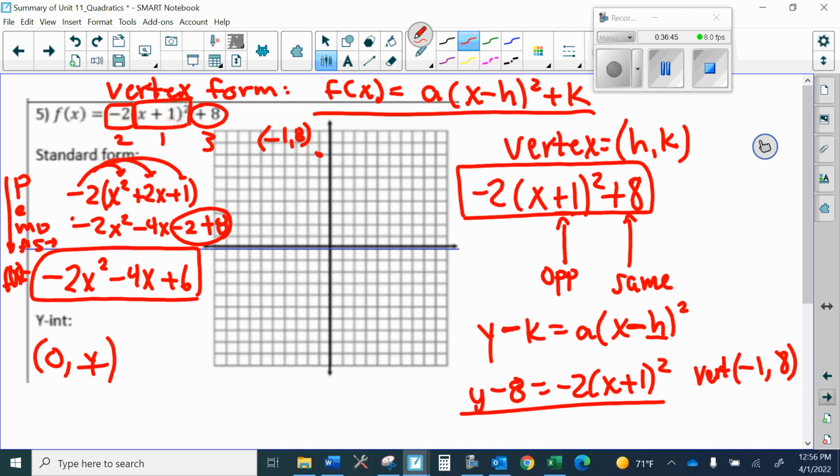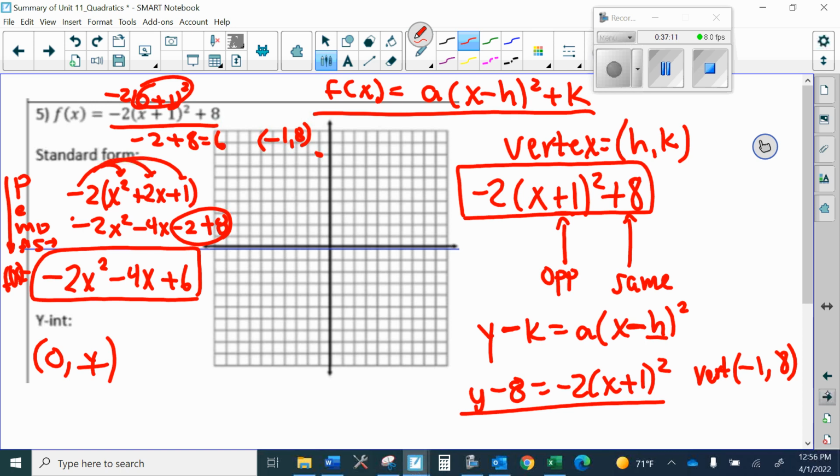So you always want to plug it back into something that you know is true for sure. What's true for sure is this. This was given to me. So I'm going to plug the 0 into there. 0 plus 1 squared times your negative 2. So 0 plus 1 is 1. 1 squared, remember order of operations, 1 squared is 1, times negative 2 is negative 2, plus 8 gives you my 6.